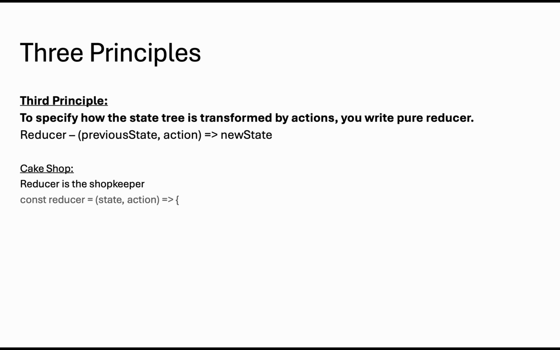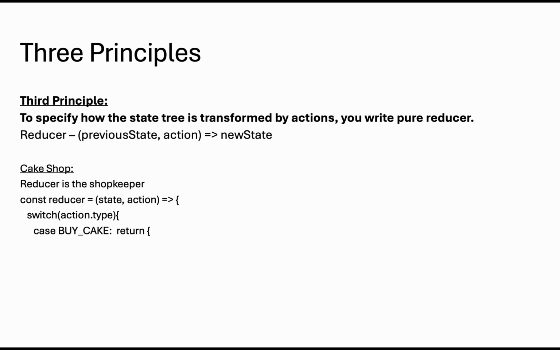So how will it look? A constant reducer that will take the state as a parameter and the action as a parameter. Like principle 1 describes the state that is inside the store, principle 2 describes the action that will go as an input over to the third principle, and we will have a switch statement that will identify each case.